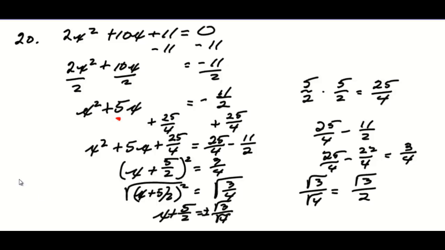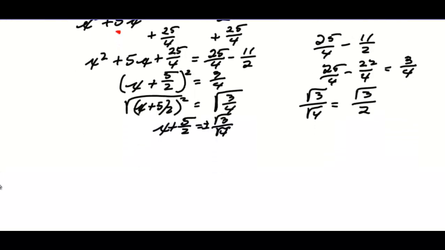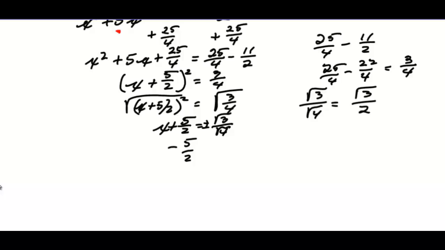Now I need to scroll down just a little bit so we have some more space to take a look at this. What we want to do now is subtract 5 over 2 from both sides. What we end up with is x equals negative 5 over 2 plus or minus the square root of 3 over 2.